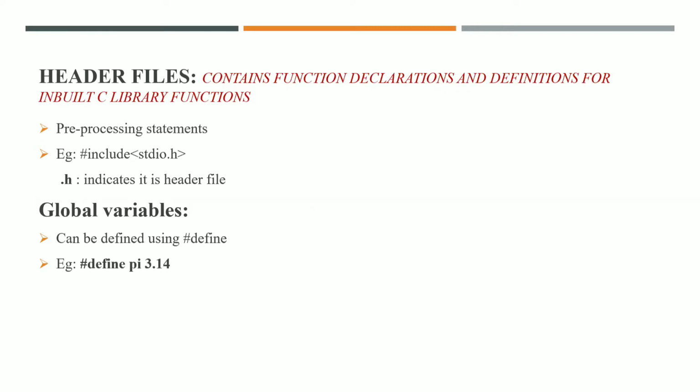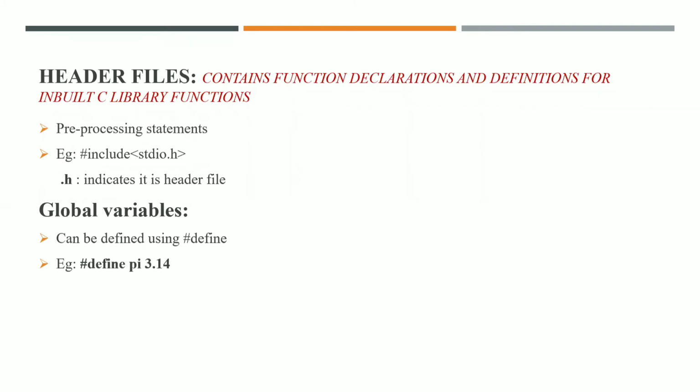For example, here we have #define PI 3.14. PI is a variable which has been assigned the value 3.14. So in the program, anywhere we can use the PI variable, which will be replaced with the 3.14 value.